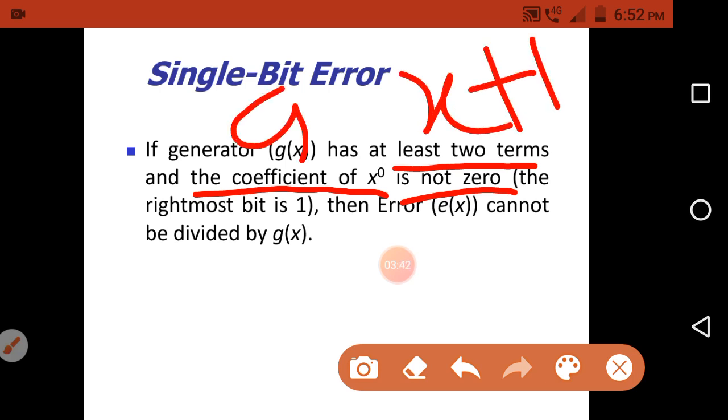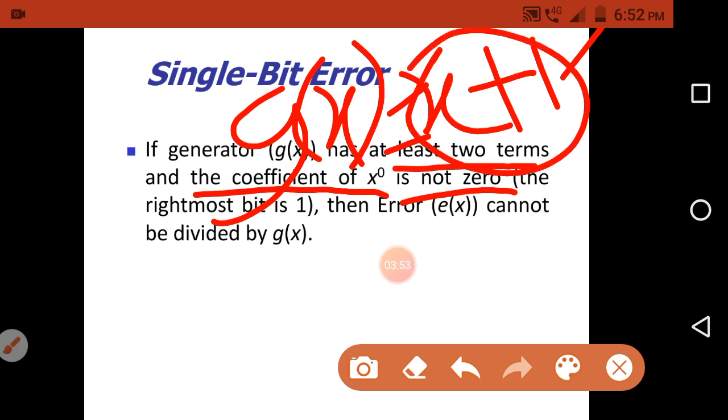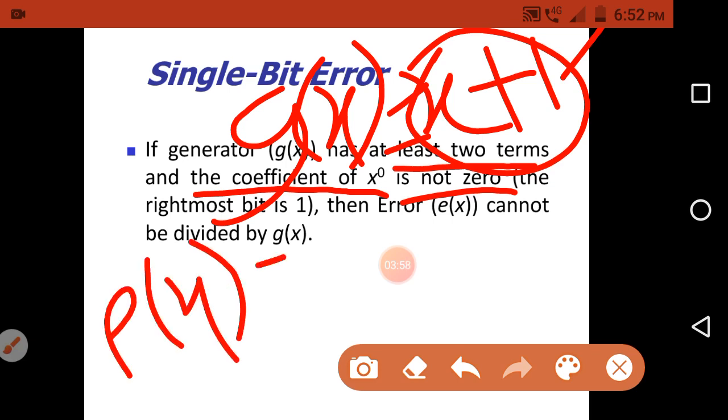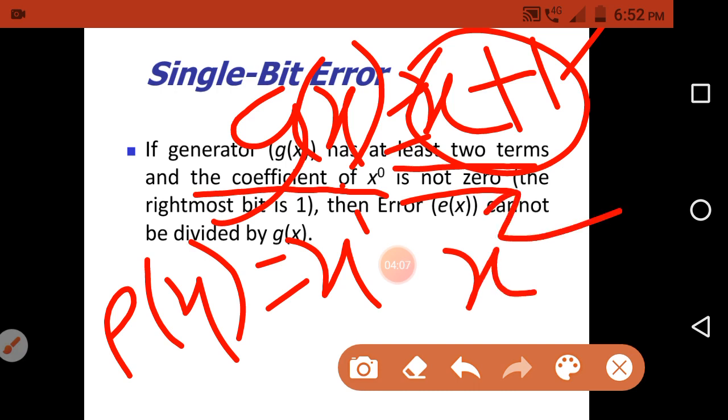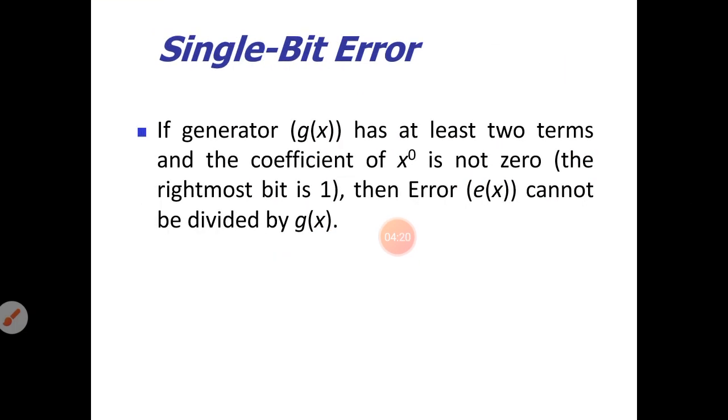For example, the generator g of x equal to x plus 1: here the coefficient of x raised to 0 is 1, and there are also two terms. If the error polynomial is x raised to i, and the i value is 2, the error is present at the second position, then it is x square. That is divided by x plus 1, and the remainder cannot be equal to 0, so that single bit error can be detected.